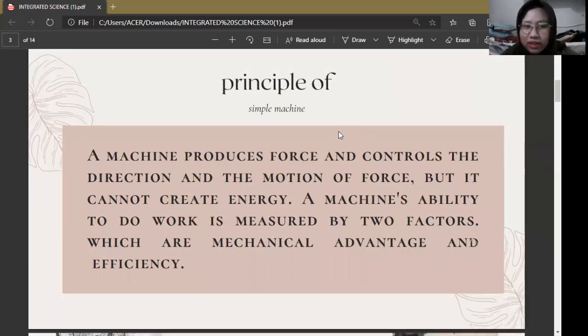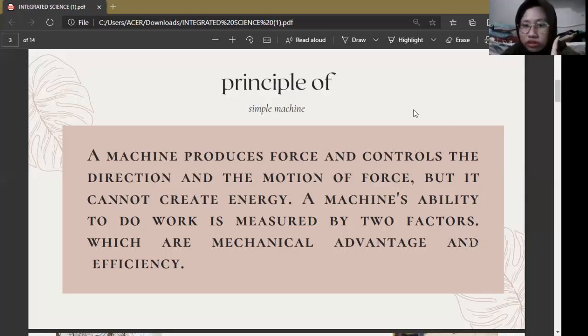And then next, this is a very crucial hint about the principle. So the principle of simple machines, let me read it for you first. A machine produces force and controls the direction and motion of force, but it cannot create energy. A machine's ability to do work is measured by two factors.